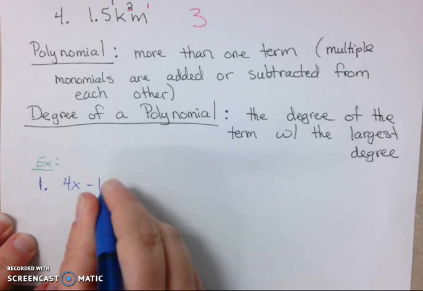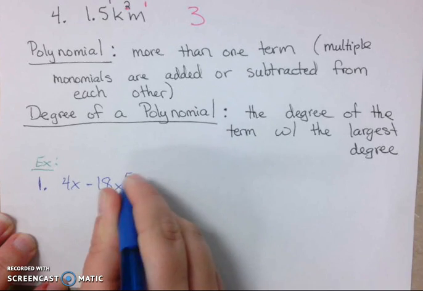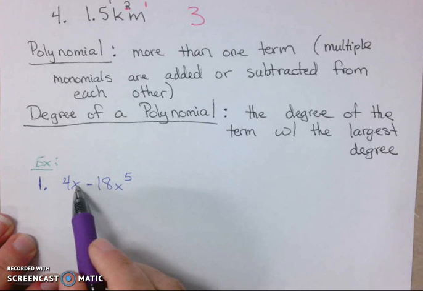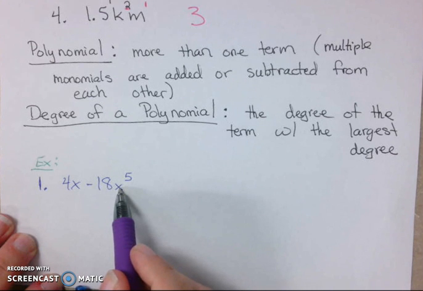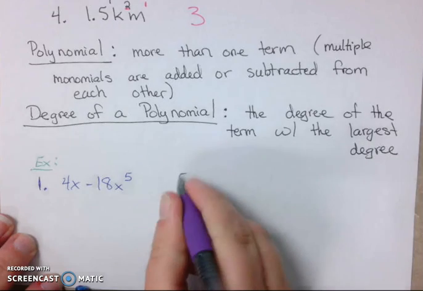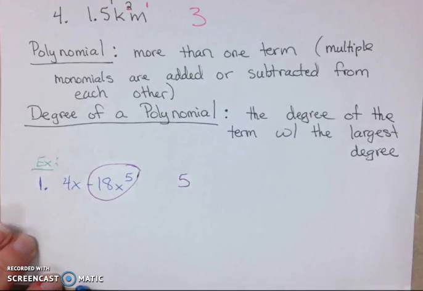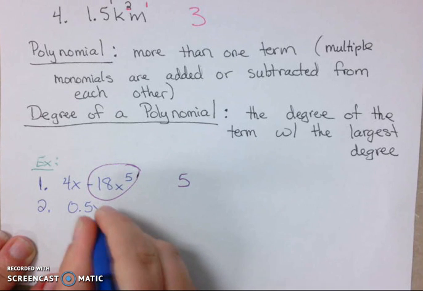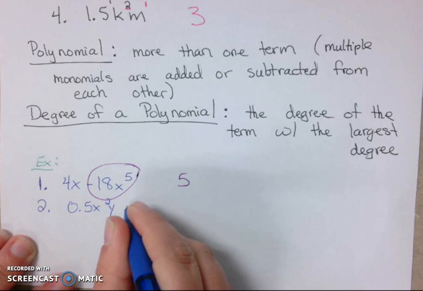4x minus 18x to the 5th. I look and see that this has a degree of 1, that has a degree of 5. So the degree of this polynomial is 5, because this is the larger one. Okay, let's do a little bit more complicated one.